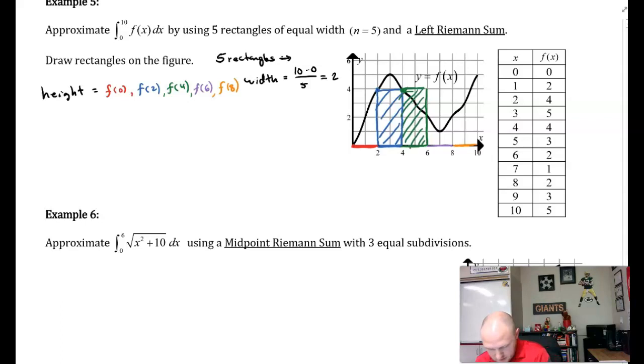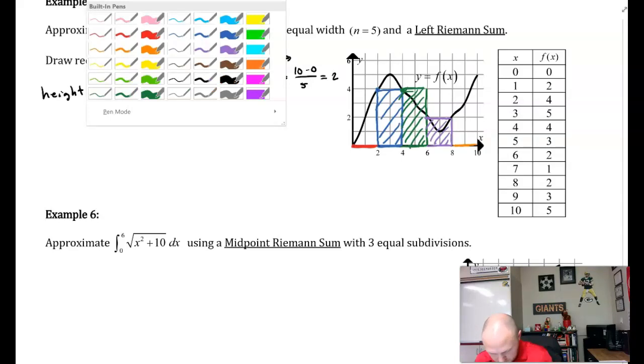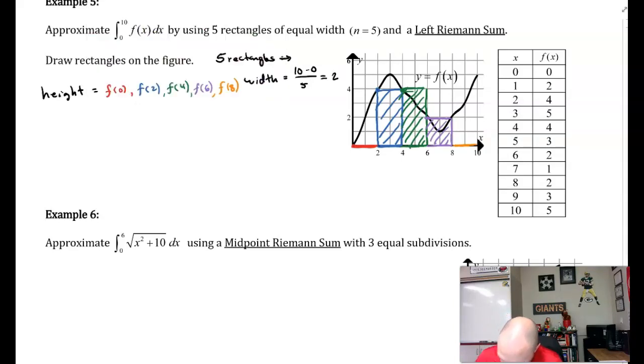Then f of 6, right here, and f of 8, which is also about here. So there's the rectangles.